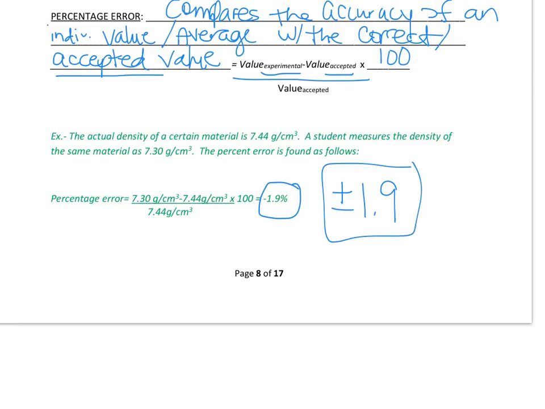You'll see that when you're shopping for different types of equipment, or even in the research, like the journal article that I made you do, they might say something is accurate, like plus or minus 1.9 milliliters or whatever. You might see that kind of notation.